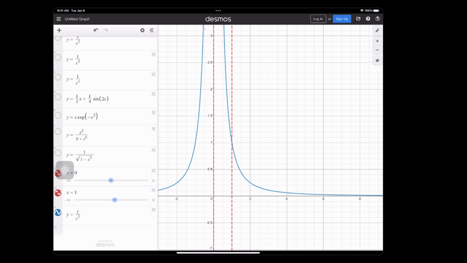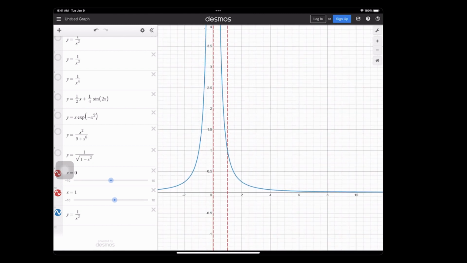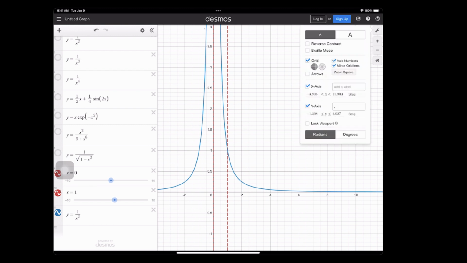Your vertical asymptote, ladies and gentlemen, is at x equals 0. Do you see that blue curve getting close to the vertical asymptote quickly? The answer is, not really. It's too slow. That curve gets close to the asymptote a little bit too slow.